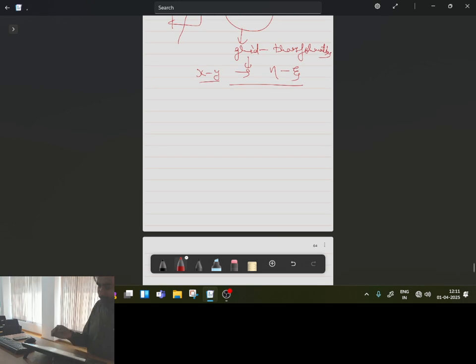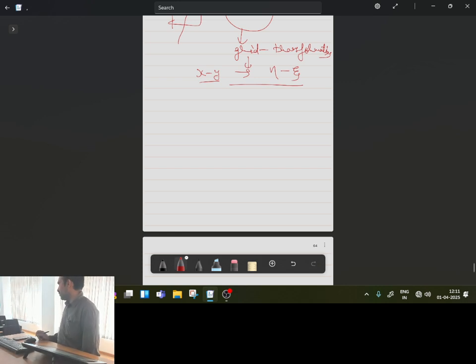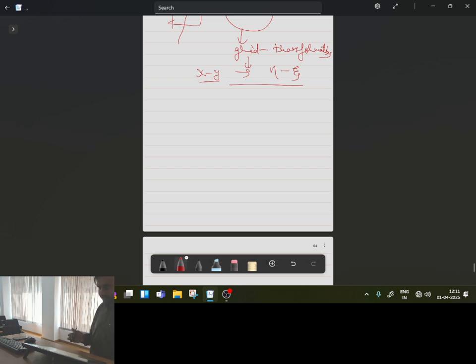Now if we have to implement this method, ultimately what we need to do is write all the derivative terms in terms of algebraic difference equations. How it is done, I will show with the help of a one-dimensional grid arrangement. So what do we mean by a one-dimensional grid arrangement?